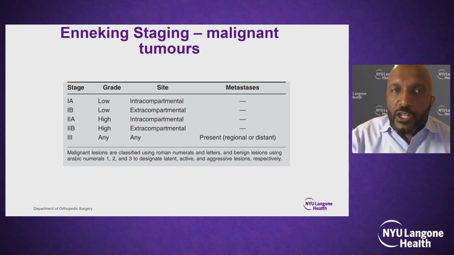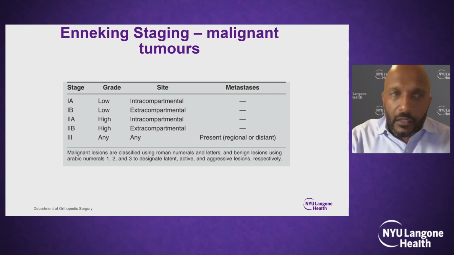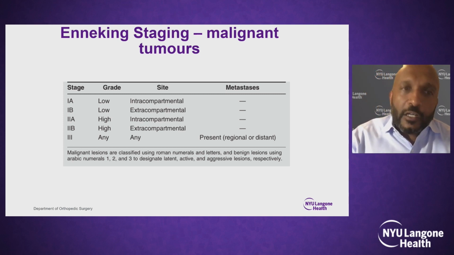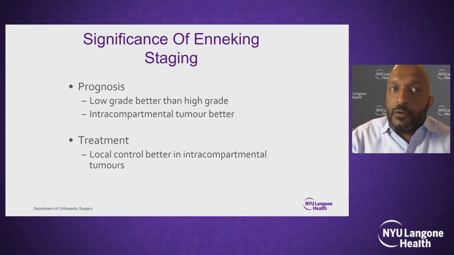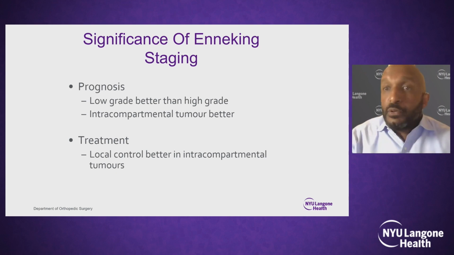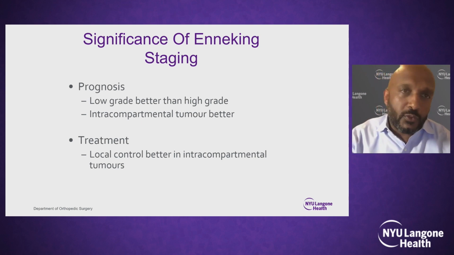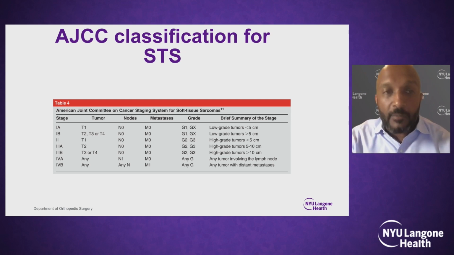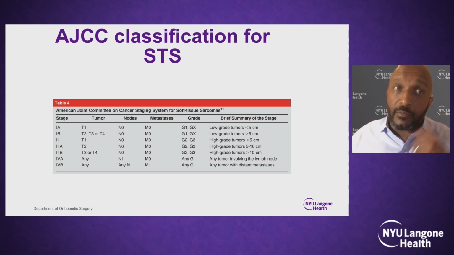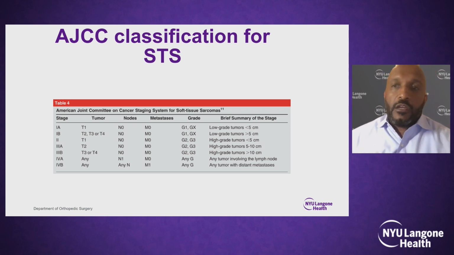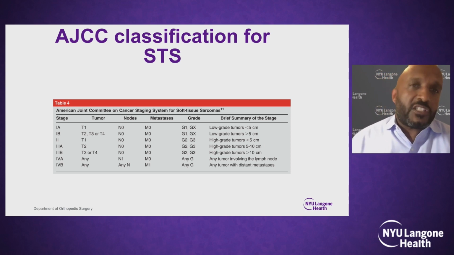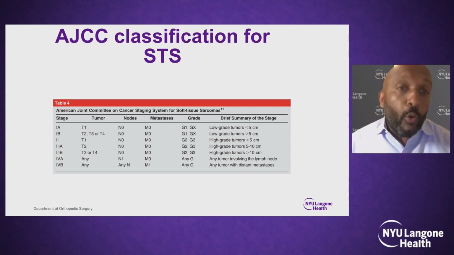We have pioneers that have given us some insight, like what a grade 2B is like, and what its prognosis is, and some of this is very predictable. The lower grades tend to do better and have a better prognosis as opposed to the higher grades. That may seem obvious, but this is all part of the treatment. And we have standard ways of discussing these, even more with more detailed staging systems that we use now globally.